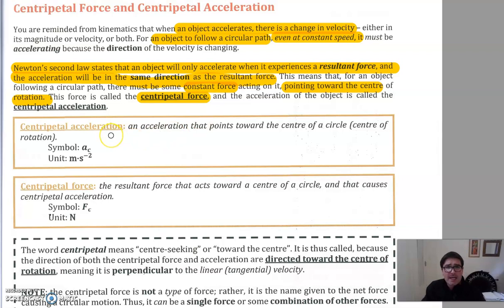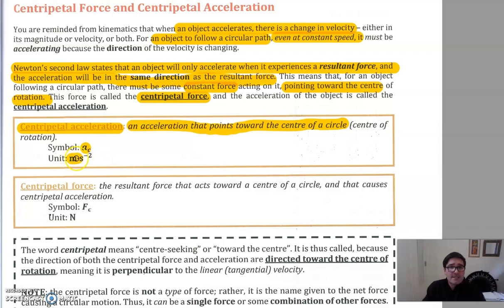Okay, so we can now define centripetal acceleration and centripetal force as follows. Centripetal acceleration is defined as an acceleration that points towards the center of a circle, the center of rotation. We will use the symbol a with a subscript c to indicate that it's the centripetal acceleration.